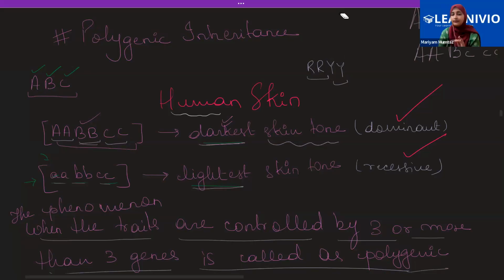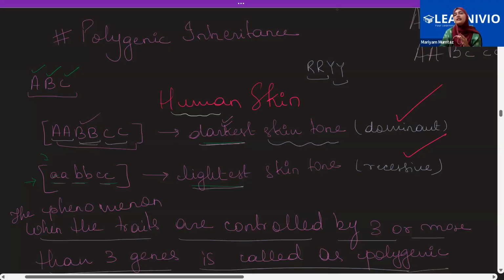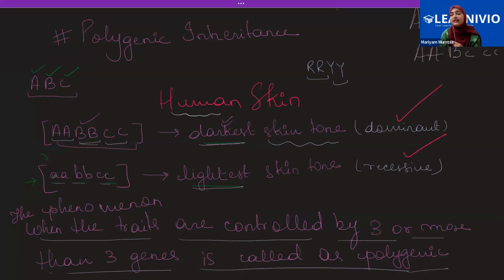But if you look at the inheritance of human skin color, if you go around the world and see different people, all the different races, countries and places, even in India, you will find so many different varieties of skin color.